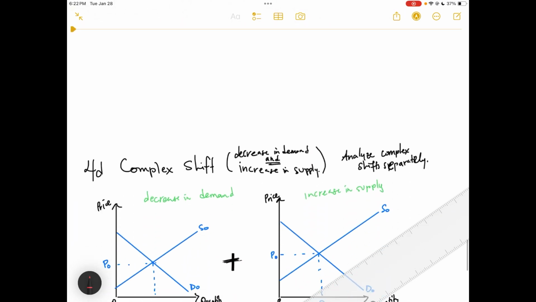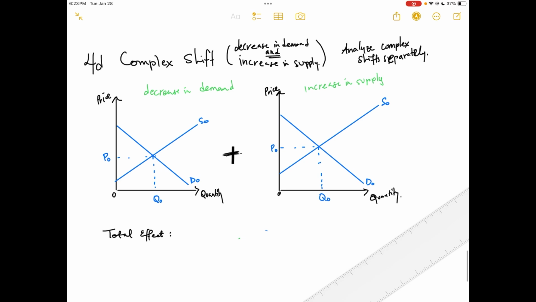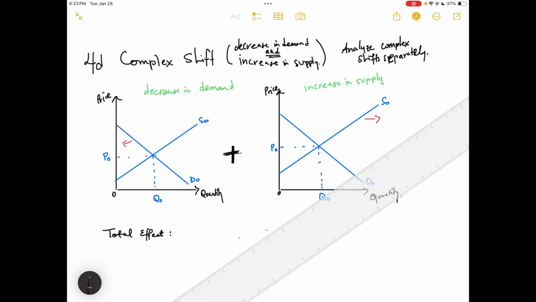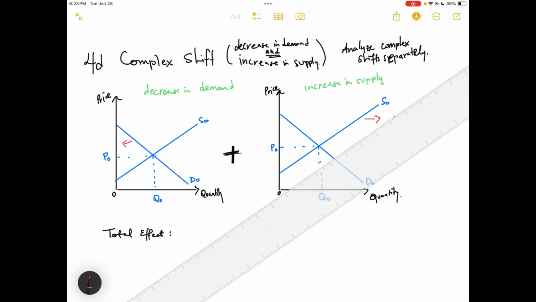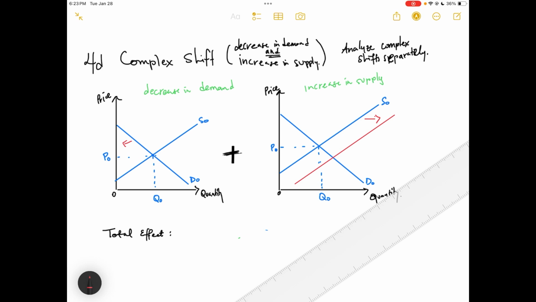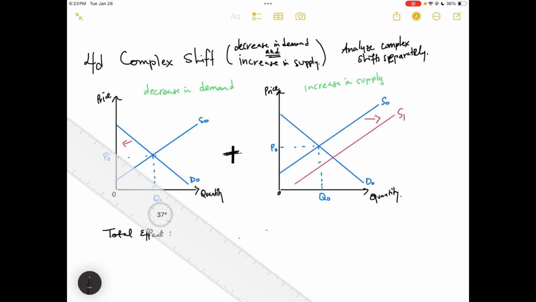All right, and then the final complex shift, a decrease in demand and an increase in supply. Decrease in demand, we see a shift to the left. Increase in supply, we see a shift to the right. Drawing that out, here is our increase in supply. Label it S1. And here is our decrease in demand. Let's label that D1.